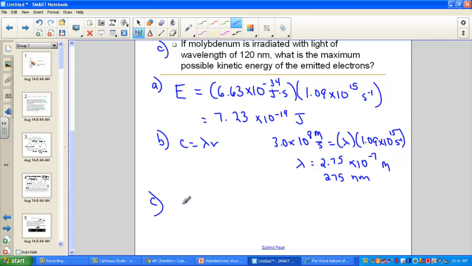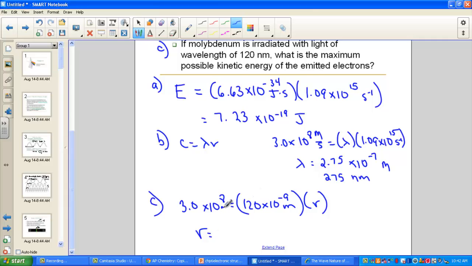For part C, we have 120 nanometers. So let's convert that into a frequency. We're looking for energy, so we're just using our two algebraic expressions to turn our 120 nanometers into its frequency. So a simple conversion using the speed of light.